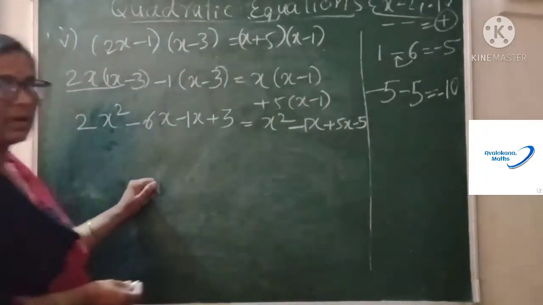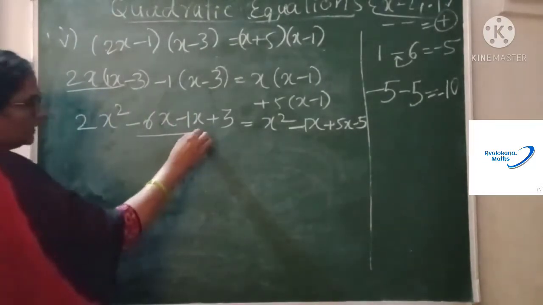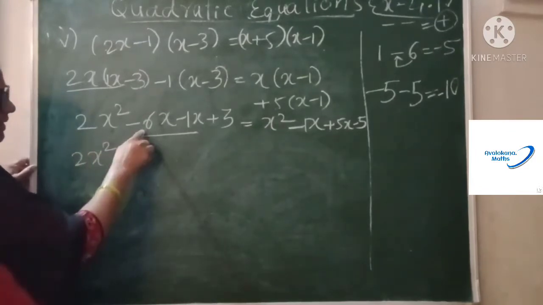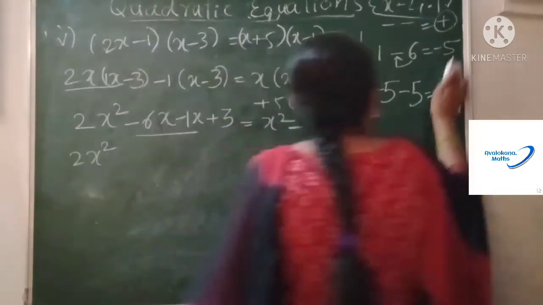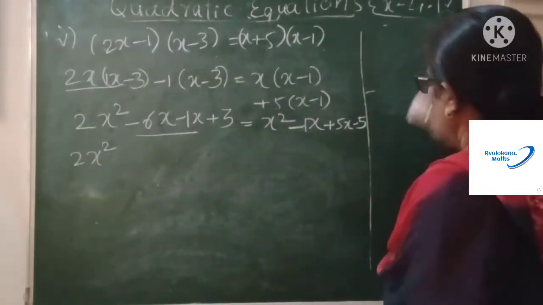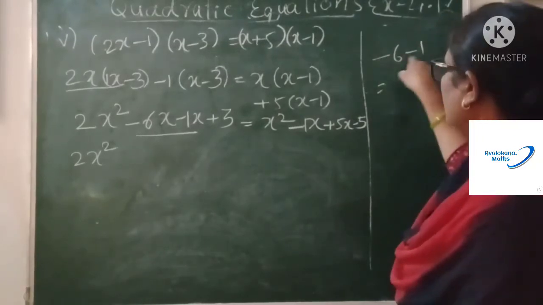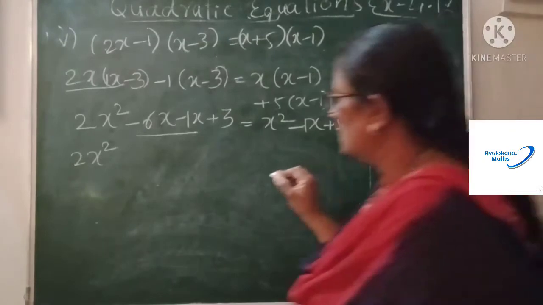I think at this level you are understanding what I am doing. Okay, now look at this one. Here we can simplify this one. We will simplify 2x square as it is, minus 6 minus 1. Yes, it is what? Minus 6 minus 1. Yes, minus and add, it shows that is 7 but with minus sign.